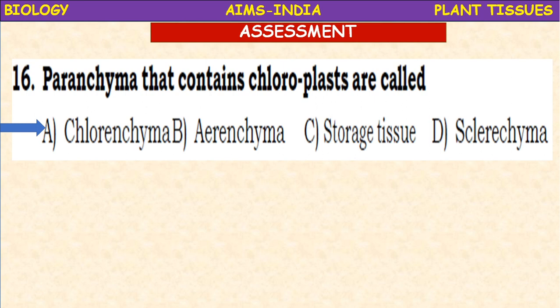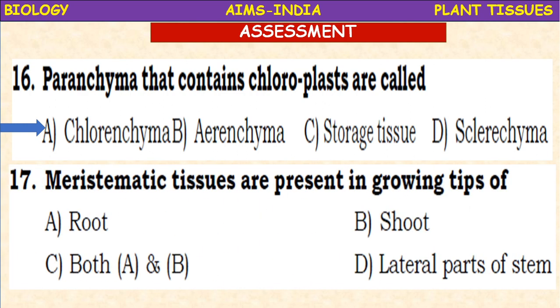Sclerenchyma is present in the fibers. Okay, like that, the different parts it is present. But here the question is parenchyma that contains chloroplasts. So chlorenchyma, where is it present? It is present in the leaves, in the mesophyll tissue. The palisade parenchyma particularly contains chlorenchyma.